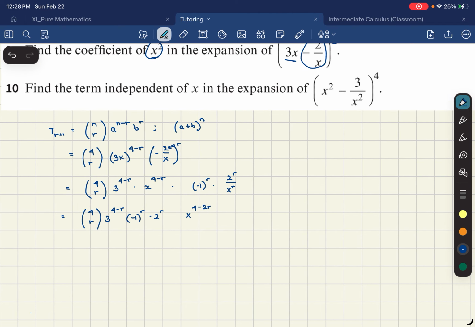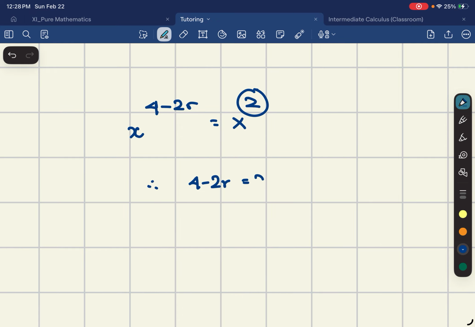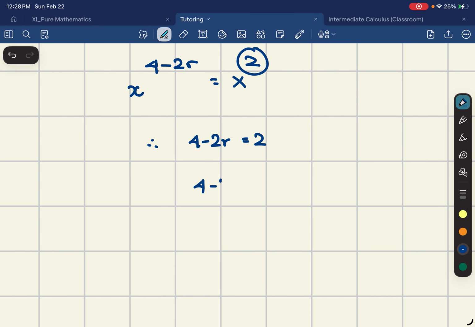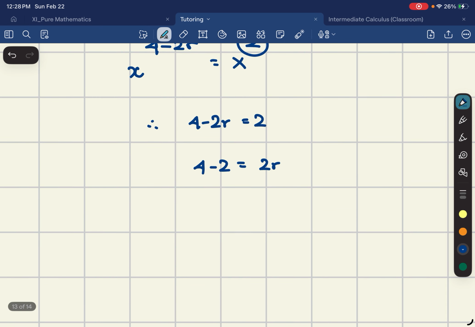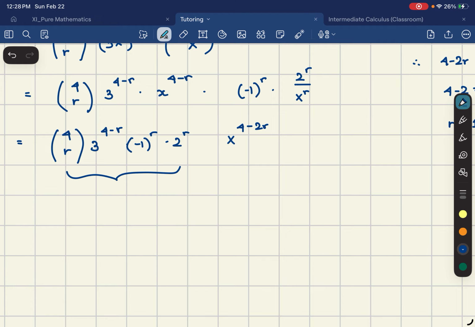And now that we have this, we can say x^(4−2r) has to equal x², because we're looking for the coefficient of x². So therefore, 4 minus 2r is going to be equal to 2. So 4 minus 2 is 2r, and r is equal to 1. So now we want to substitute r here.